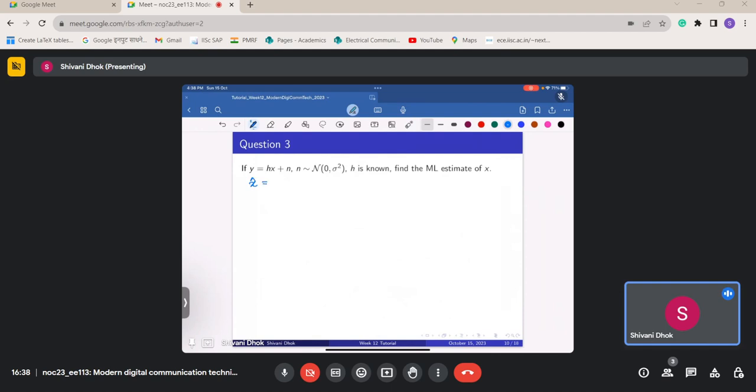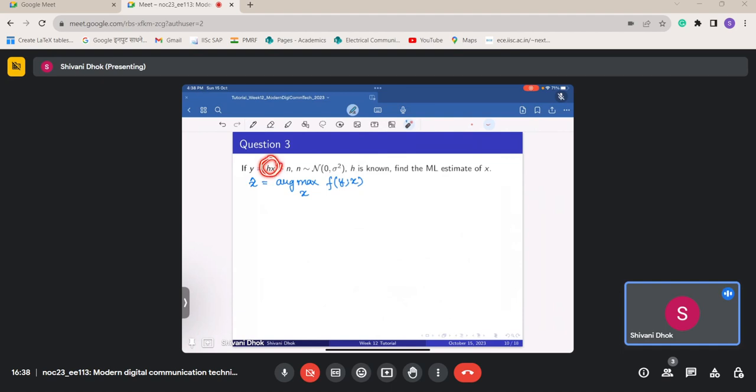Now again what we need to do is find this x hat, which is the ML estimate, which will be again argmax over x of f of y given x. When x is given, this term here is a constant.